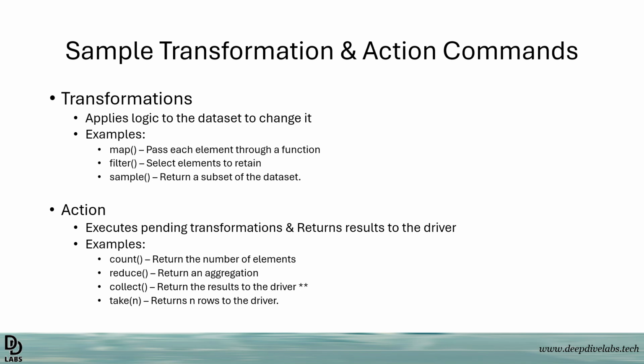So your action executes all the pending transformations, because you can apply multiple transformations. We'll talk about it in the execution workflow in just a couple of slides, how the whole flow looks, right? When we do the action, all of the pending transformations get processed and the results are returned to the driver.